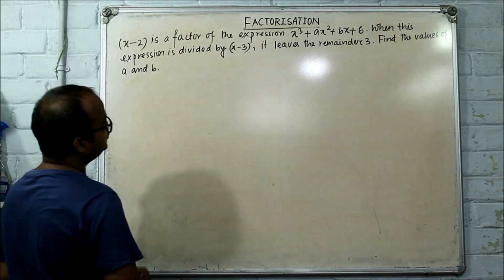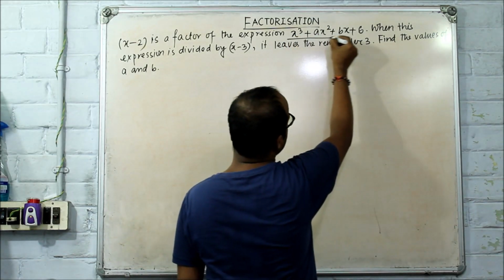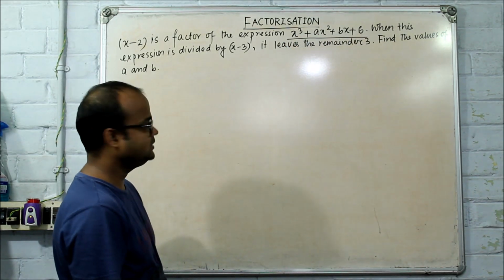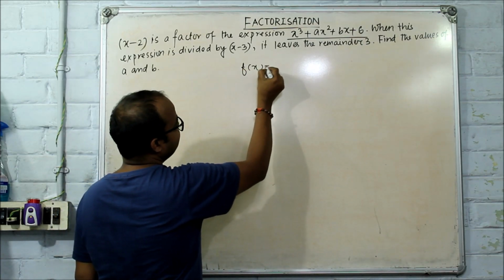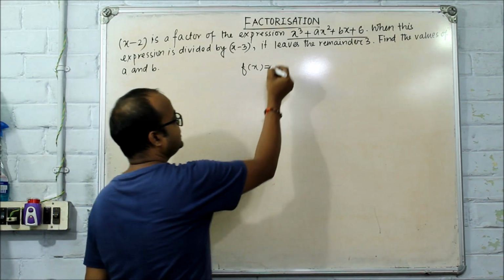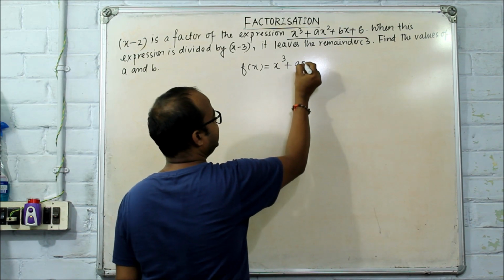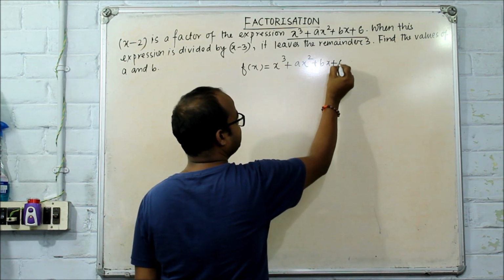X minus 2 is a factor of the expression x cube plus ax square plus bx plus 6. So first the information is given, so we analyze the information and write the condition. So x cube plus ax square plus bx plus 6.